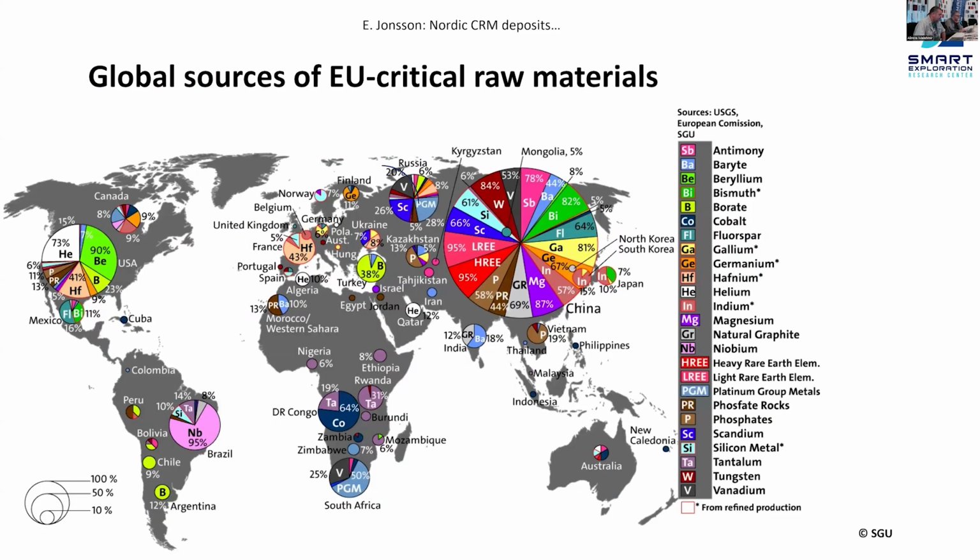And of course, as most of you know that are reasonably well read when it comes to critical raw materials and the EU classification that we work with presently, the latest one is from 2023. We are sitting in this situation where quite a few countries worldwide are absolutely dominating, particularly the mining and the primary production of critical raw materials.